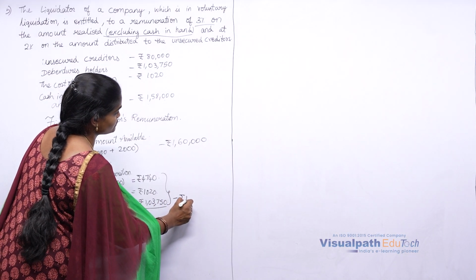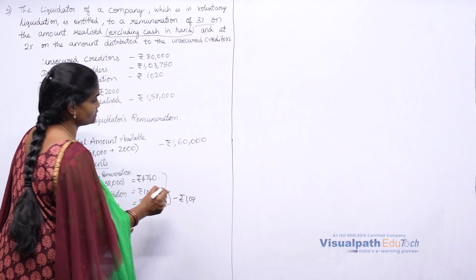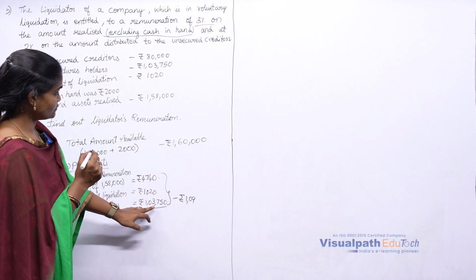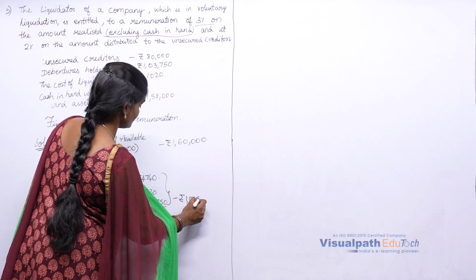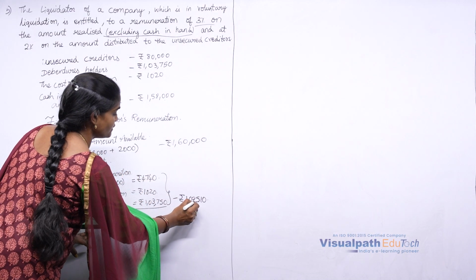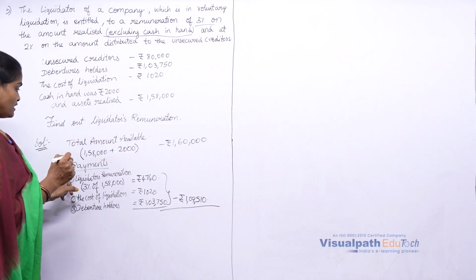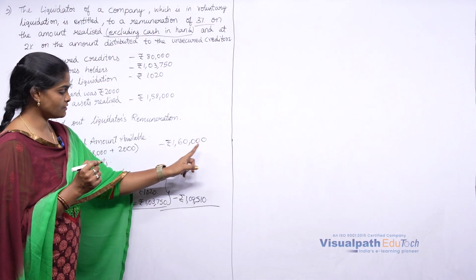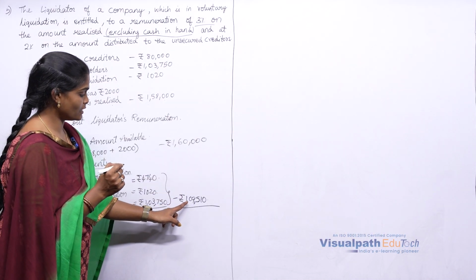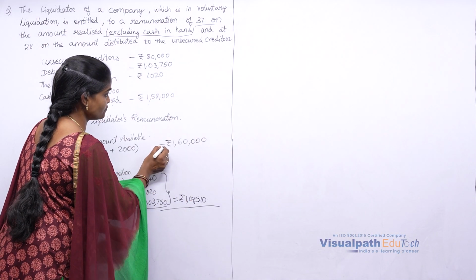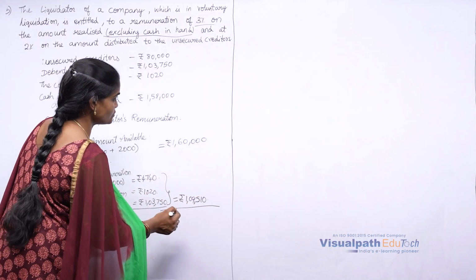Add these three, how much do we get? We get rupees 1,09,510. Now, total amount realized minus payments. 1,60,000 minus 1,09,510. How much do we get?